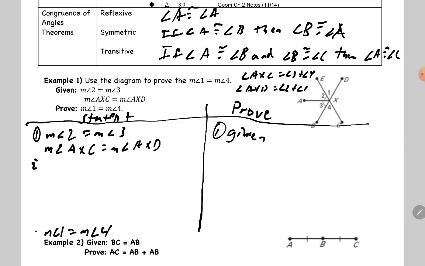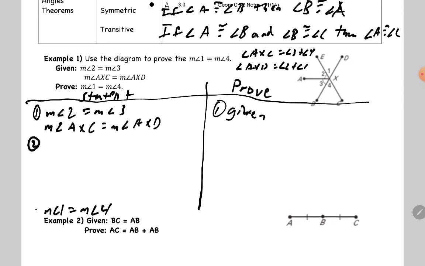When we're doing these proofs, normally it follows from one of these given facts. For example, angle AXC is equal to angle 3 plus angle 4.